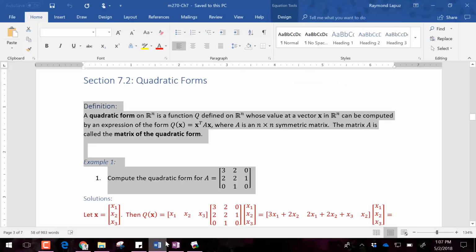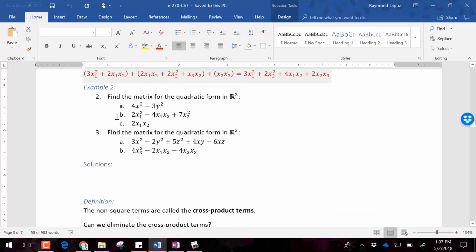So let's take a look at finding matrices from quadratic forms. I have a whole bunch of problems here.